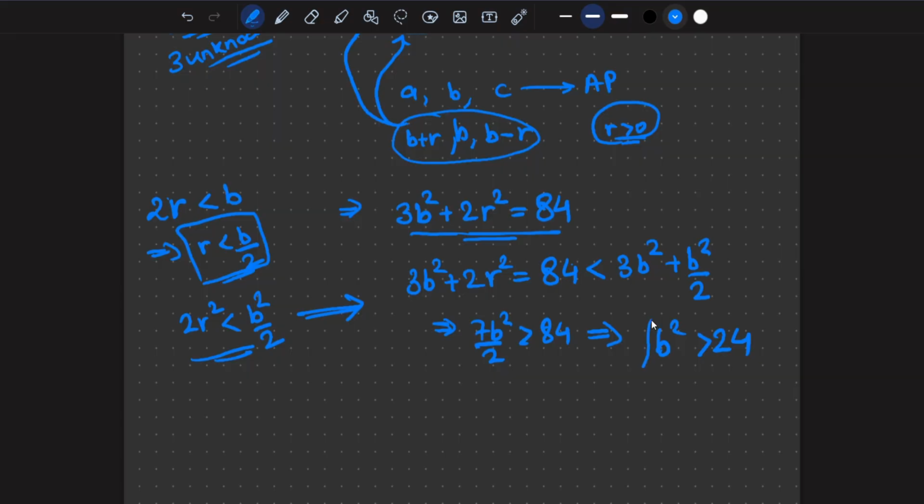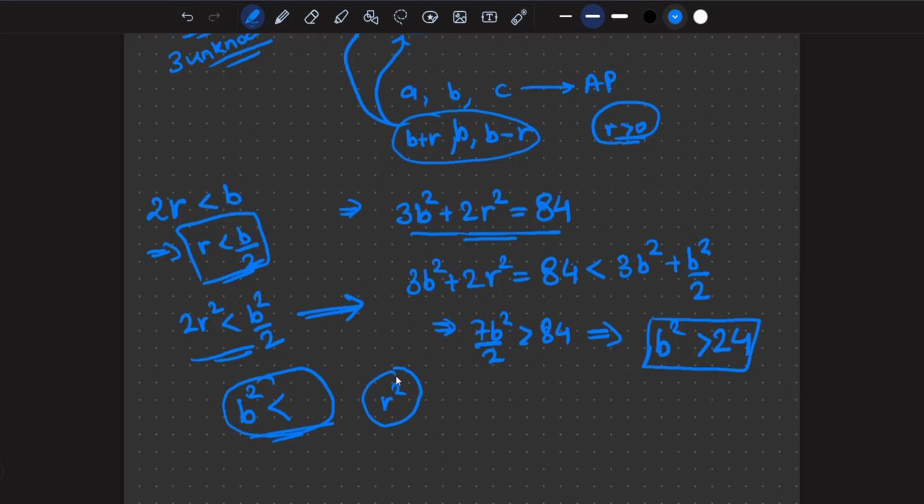So this is our first inequality. Now we need to find the upper limit of b square. To do that, I use the fact that r square is a positive number.